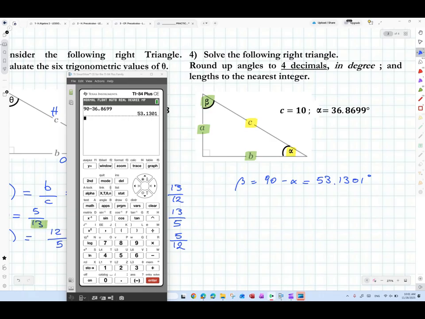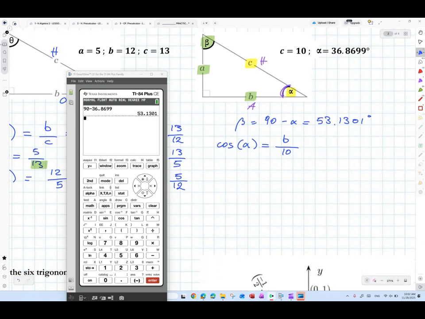Let's start with B. Let's find B using alpha. So with regard to alpha, B is the adjacent, and I've got the hypotenuse. And the trigonometric ratio involving adjacent and hypotenuse is cosine. So I will have cosine of alpha will be equal to B that I'm looking for, divided by the hypotenuse C, which is 10.